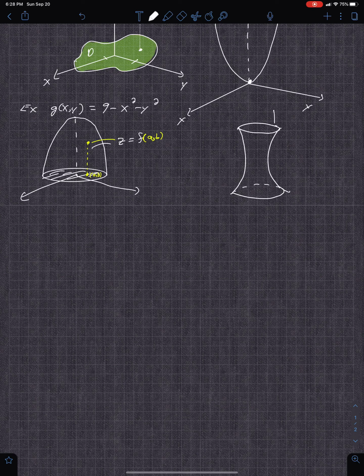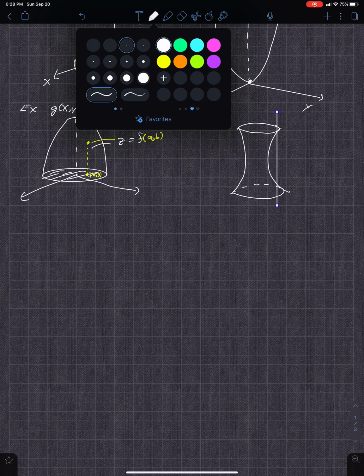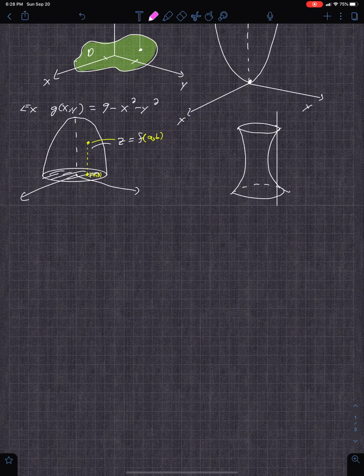Okay, and of course the answer is no. You put in a vertical line like that, just like in Calc 1, and it crosses it in more than one place. So not a function. This hits at 2 spots, basically here and here, wherever that's going to be. So that's not a function.